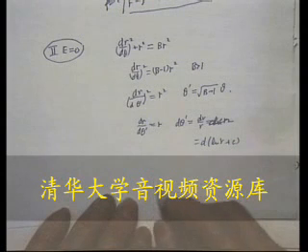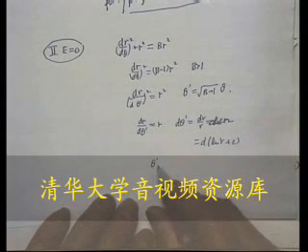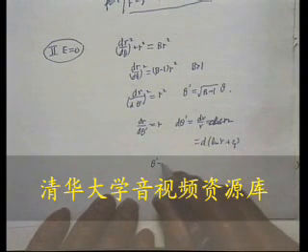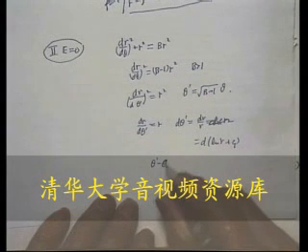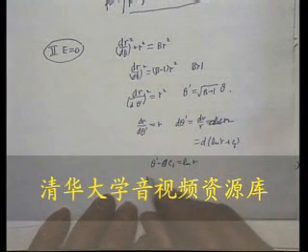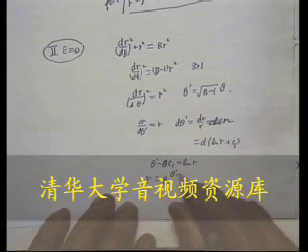So theta prime minus the constant, let's call this C1. Theta prime minus C1 is equal to log of r, or r is equal to exponential of theta prime minus C1.